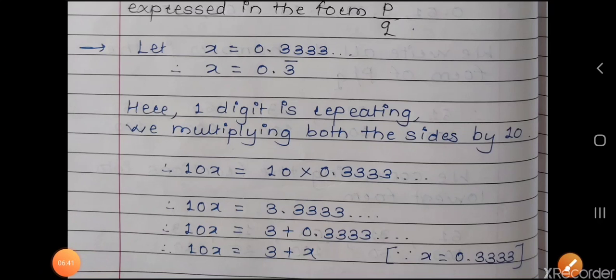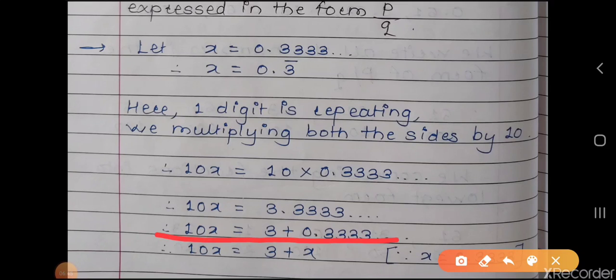So we get 10x equal to 3 plus 0.3333. Since x is equal to 0.3333, we put 10x equal to 3 plus x. Now we solve this equation for x.